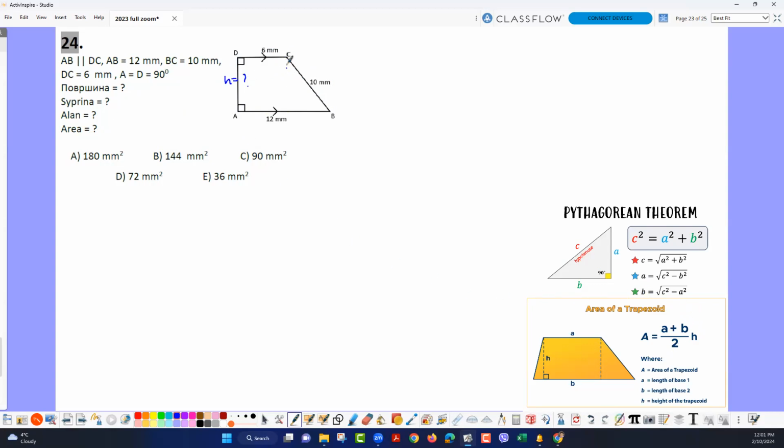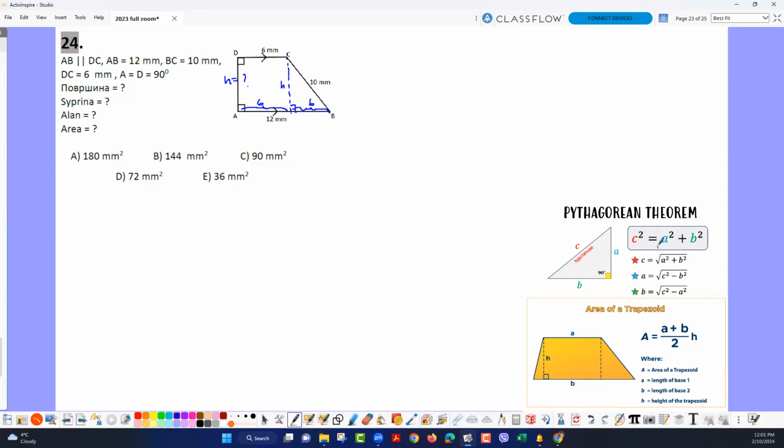This is also a right trapezoid, which means that if you draw this height here, since this is 6, this is going to be also 6 here. And this is a right triangle.